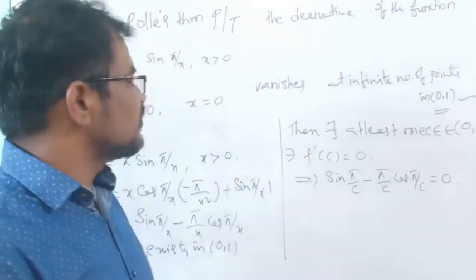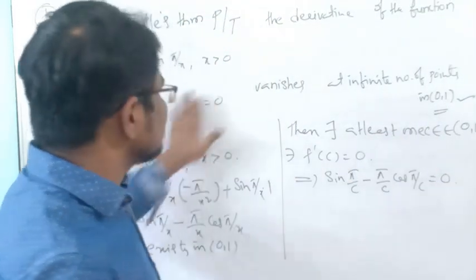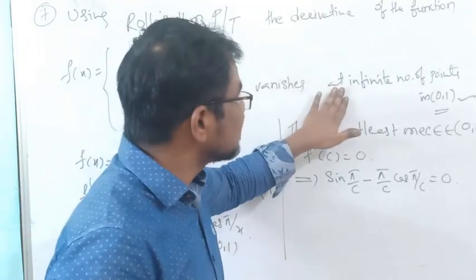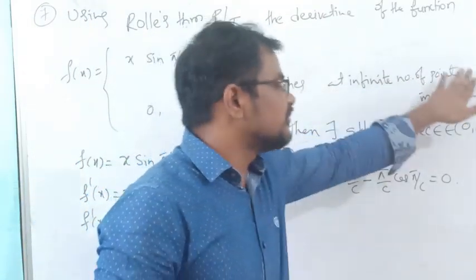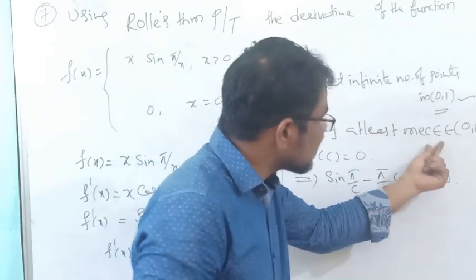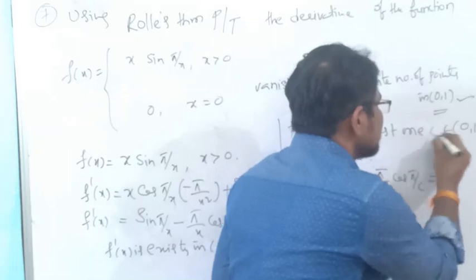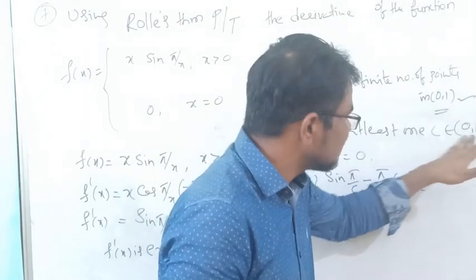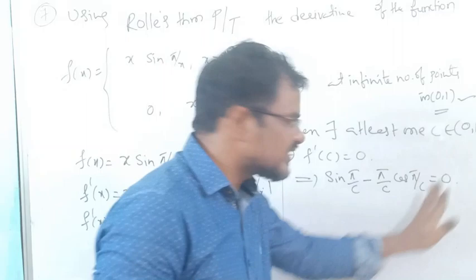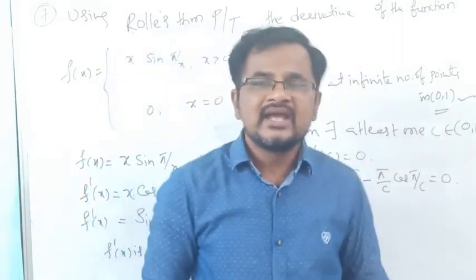But here what we have to show is that the first derivative vanishes at infinitely many points. If C belongs to the interval 0 comma 1, so many points satisfy this equation, so that's why we have infinitely many points.